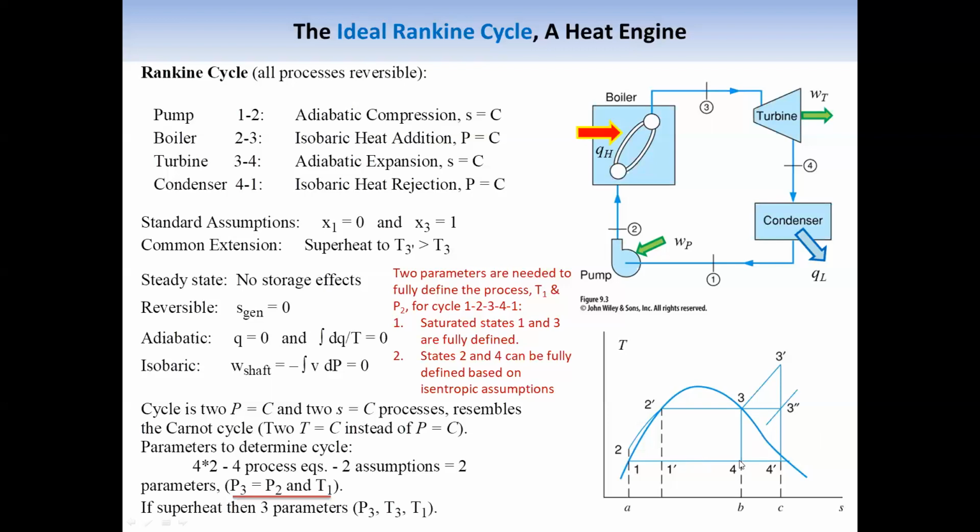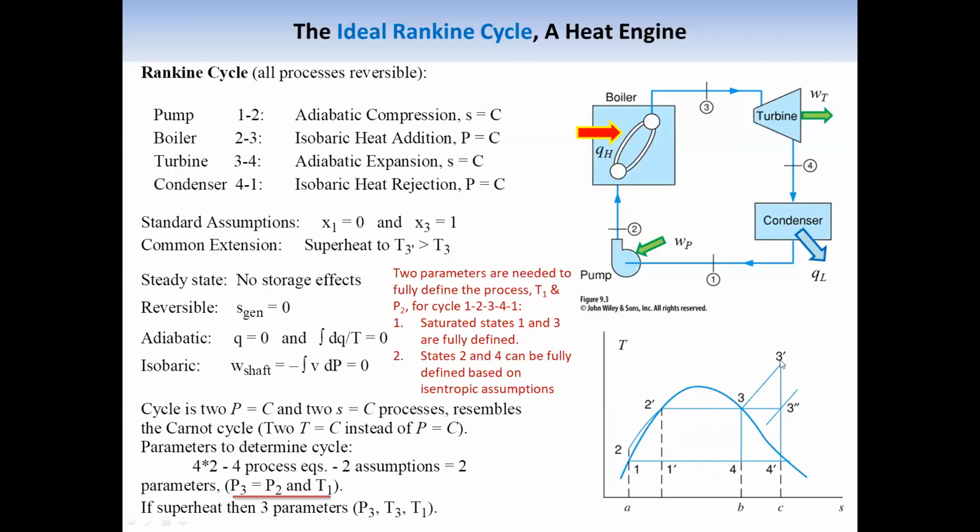During the condensation process, the fluid changes its phase. So the cyclic process can be represented by 1, 2, 2 prime, 3, 4, 1. This is the standard idealized Rankine cycle. Alternatively, we can also push the fluid to superheated steam.